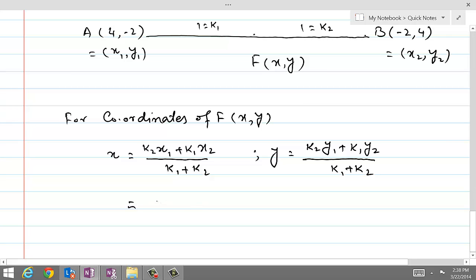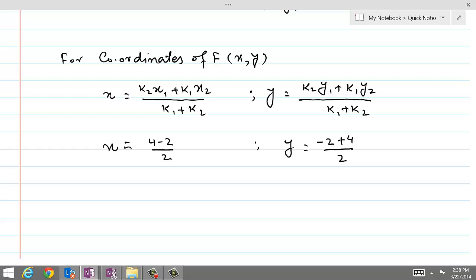So this would be simply addition of x components, 4 minus 2, divided by 2, that would be x, and y would be simply addition of y components divided by 2. That would be minus 2 plus 4 over 2. So this way we have x as 1 and y is also equal to 1.